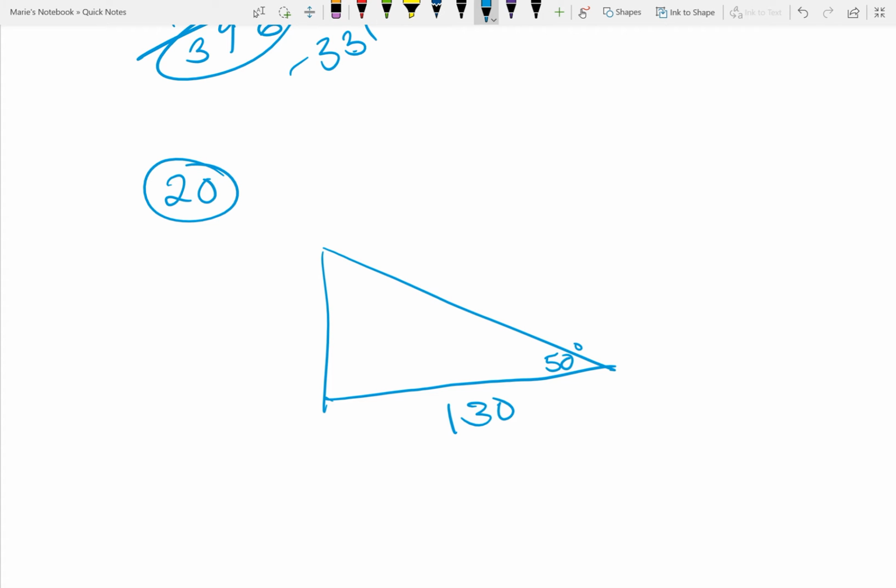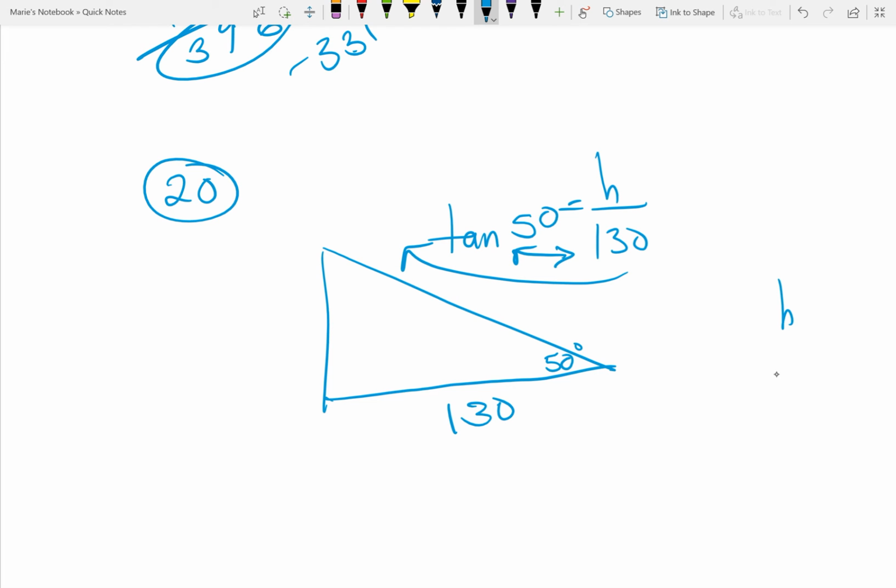So with that said, I'm looking for tan of 50 is equal to that hypotenuse value over 130. And again, swap these out. Actually, multiply this over is what I did. I multiplied it and swapped it. So I ended up with H is equal to tan 50 times 130. And this is based on what the question is wording.